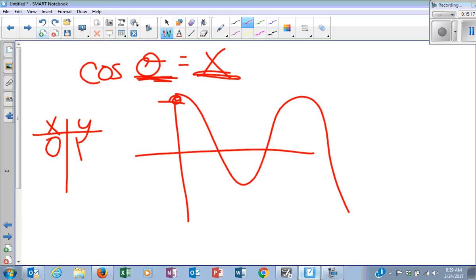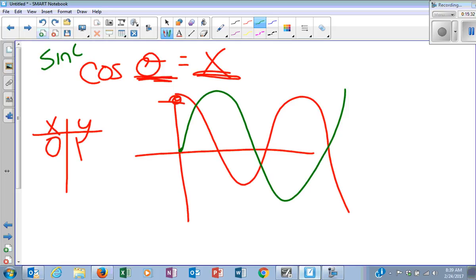Whereas sine uses the y and starts here and goes like this. You get what I'm showing you? The reason is sine of theta uses the y value, whereas cosine of that same angle uses the x value. And tangent uses the y over the x.